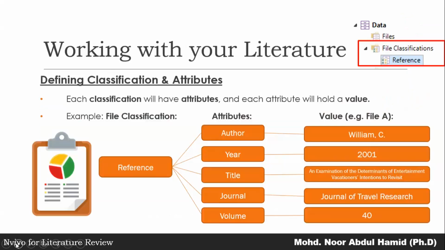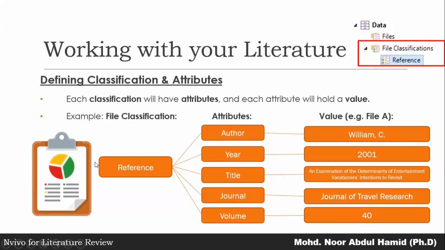we have attributes, right? For example, for this workshop, our files or our data are actually references, or journal articles. Therefore, you can say that your file classification is the reference.